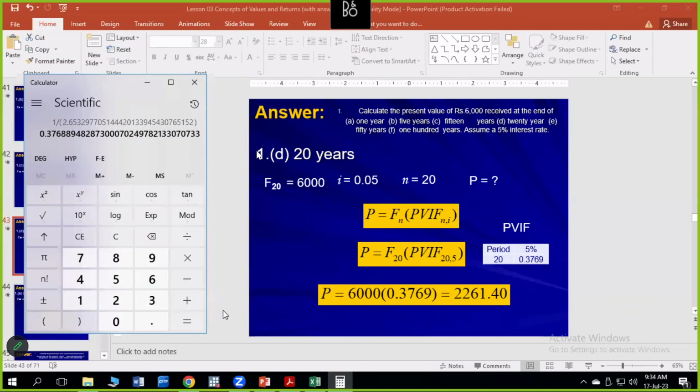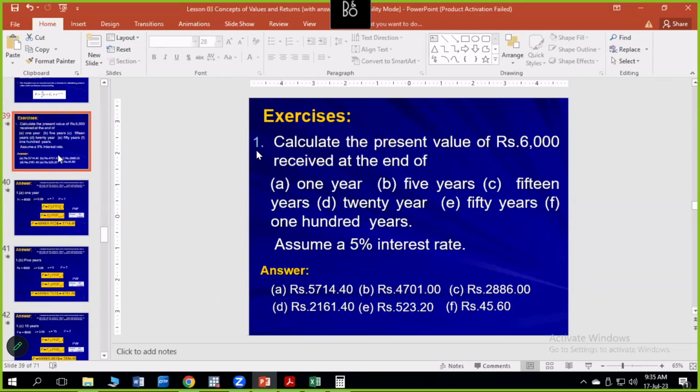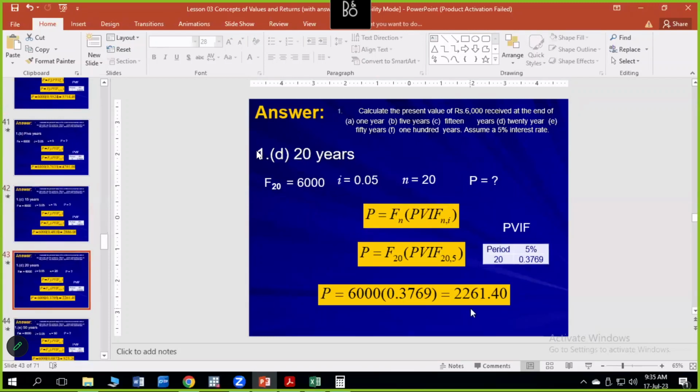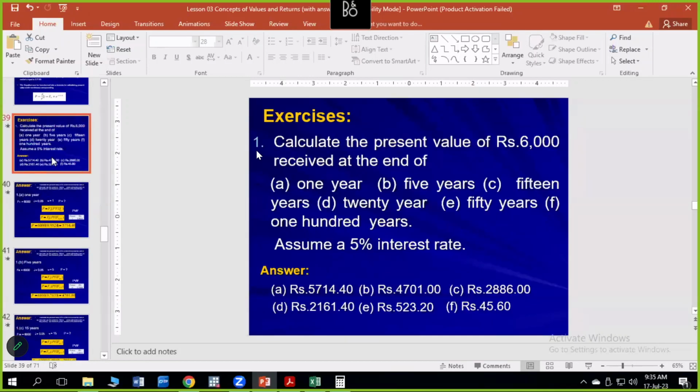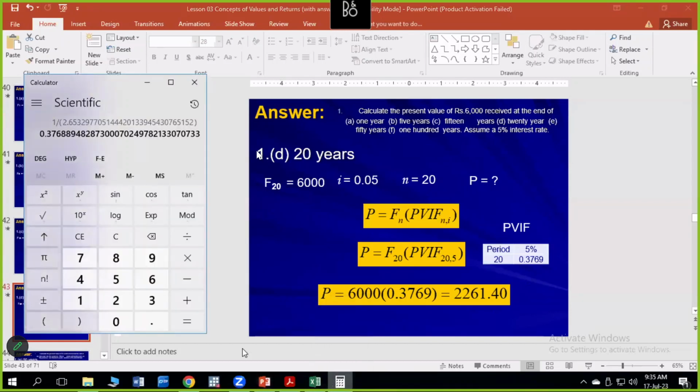So it is confirmed that is the correct value. So you can get the answer 2,261.